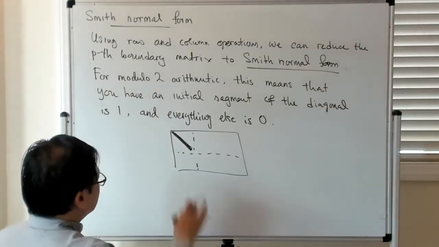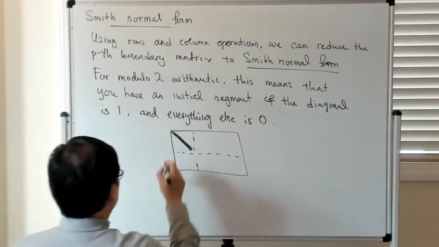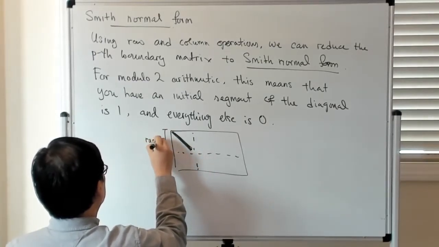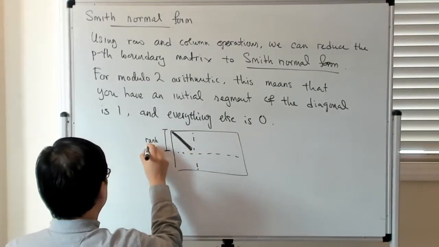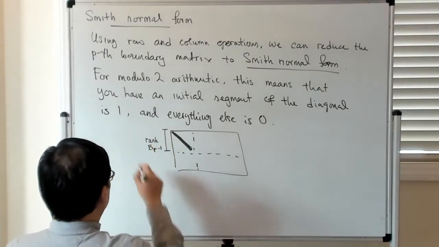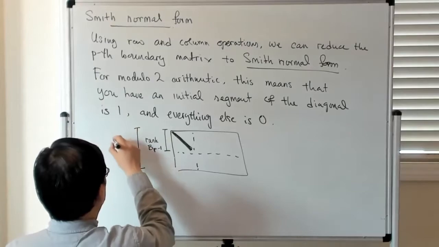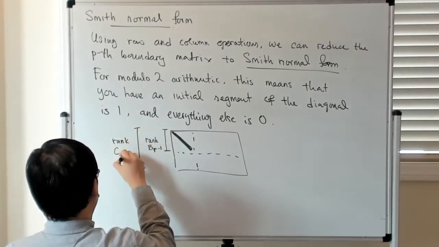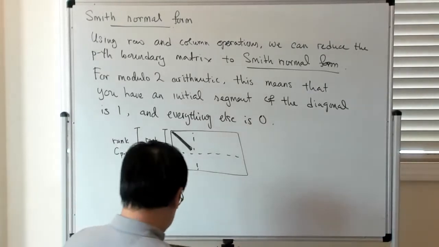Okay, so what's significant about this? Okay, so this part here is the rank of the boundaries B_{P-1}. Okay, so this is the rank of the chain group of dimension P-1.